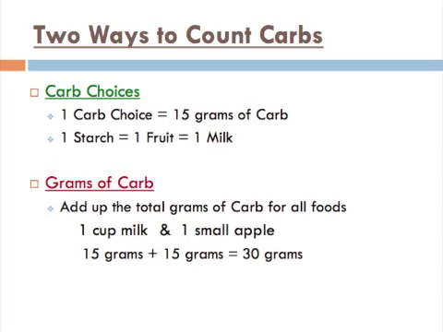But either way is fine. 1 carb choice equals 15 grams of carbohydrate. You need to remember that number because you'll still see carb choices used. When you're using grams of carbohydrate, you would add up the total grams of carb for all your foods and just total that.